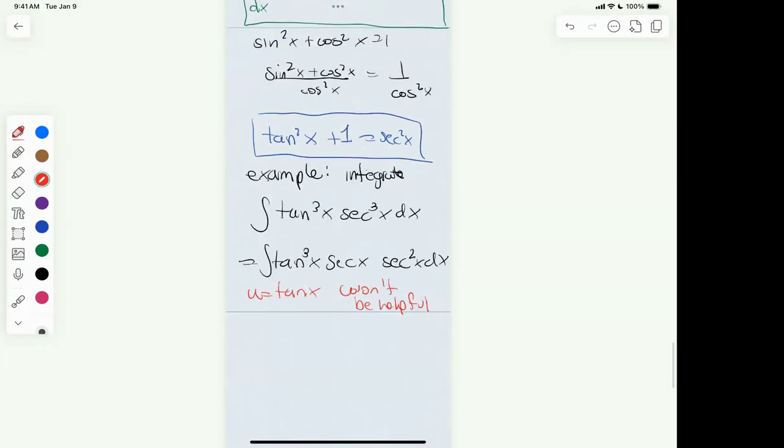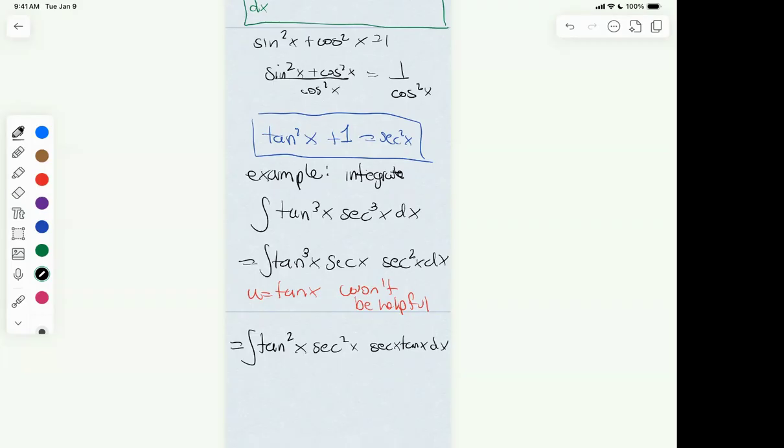So you go the other way. Let's write this as tangent squared secant squared times secant times tangent. And this will be fine because you want to make u equals secant. If you make u equals secant, you get a secant times tangent for this.